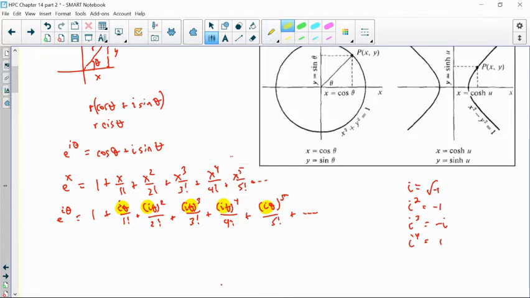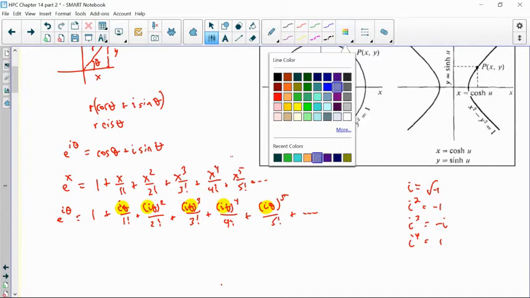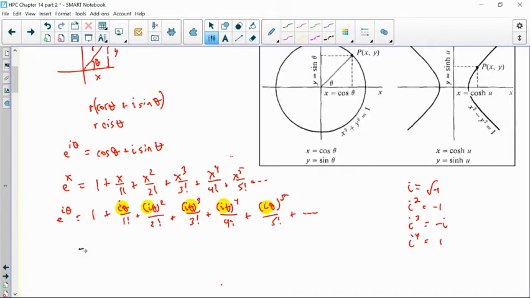So now my expansion equals 1, plus i theta over 1 factorial. i squared is negative 1, so minus theta squared over 2 factorial.